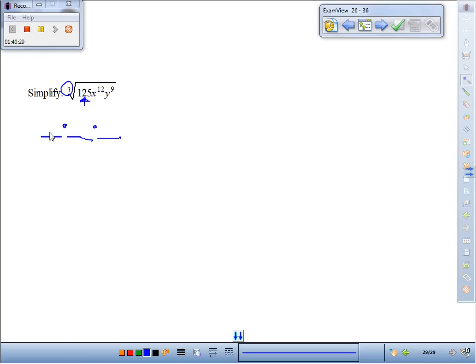Let's see. 1 times 1 times 1, no. 2 times 2 times 2, no. 3 times 3 times 3, 4 times 4 times 4, 5 times 5 times 5. So therefore, the cube root of 125 is 5. So we got that done.